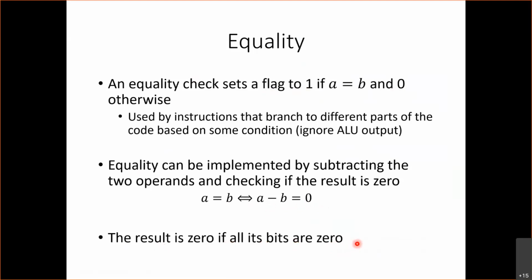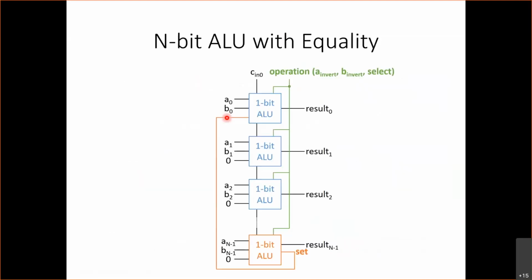So how do I support equality in my ALU? Simply, I'm going to do a subtraction, and then check if all my results are 0. Here I actually don't need to modify my 1-bit ALUs. They stay as they are, and the operation that I'm going to pass is just subtraction. But I'm going to take the result of my subtraction, result 0, result 1, result 2, up to result n minus 1, and check if they are all 0.